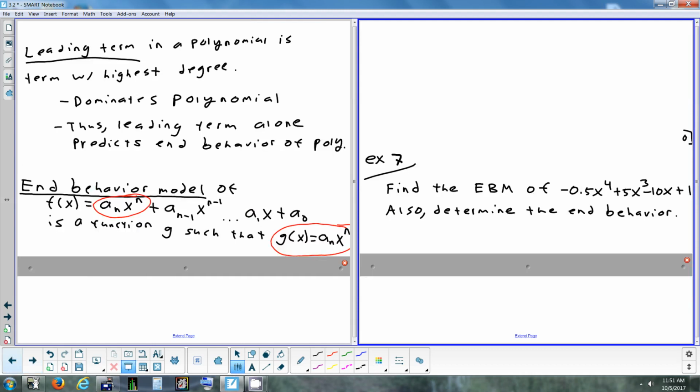Okay, so the last one we'll look at, I think that's example 6 in your notes, is to find what I call the EBM. I just call it end behavior model.